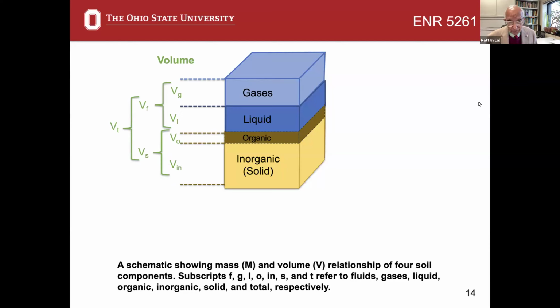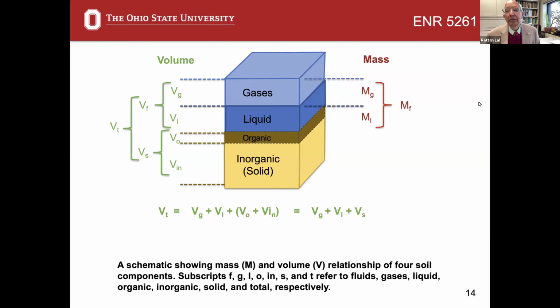Corresponding with each volume, we have the mass: mass of gas, mass of liquid, which together is the mass of the fluid, mass of organic material, and mass of inorganic, which is the mass of solid. And we combine mass of solid and mass of fluid together, and we get the total mass.